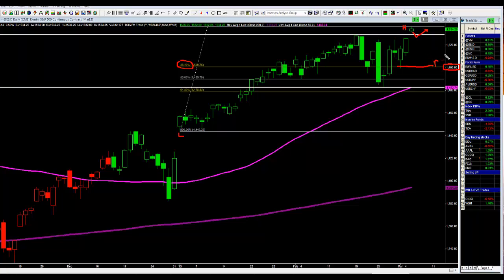The 50% retracement of this year's up move is 1489 and three quarters.